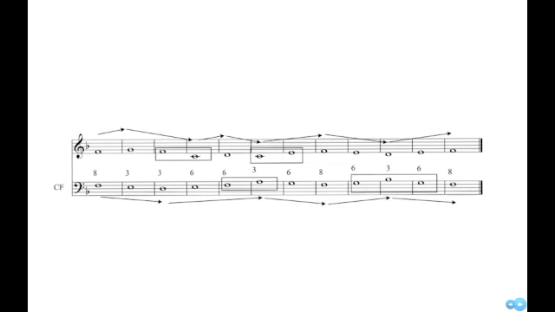So the one example that I don't like is the last one here, which was actually the first one that I wrote. Based on the rules we've discussed, there's not actually technically anything wrong with this example. It follows all of the rules, and you can see there's a bunch of contrary motion, stepwise motion, all of those good things.